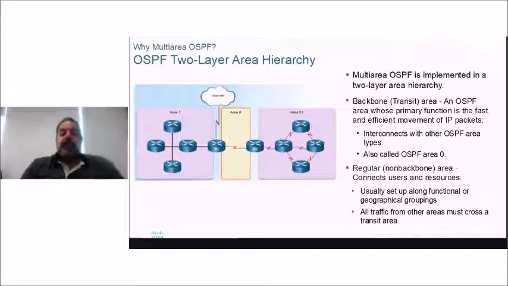And so basically, as we said, the backbone area is Area 0, and all other areas are supposed to directly connect to that backbone area. So as you can see, Area 1 shares a router with Area 0, and some of the interfaces on that router will be in Area 1, others will be in Area 0, and of course that was Router 1.